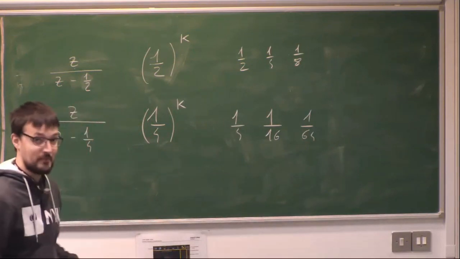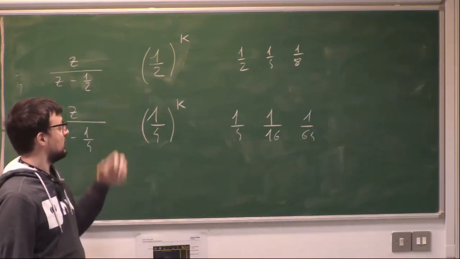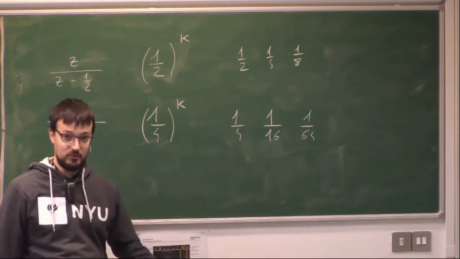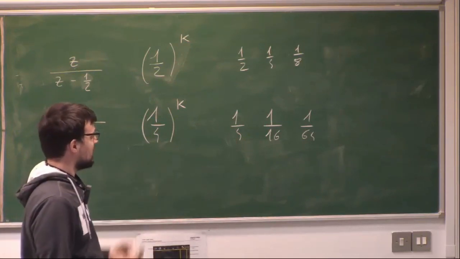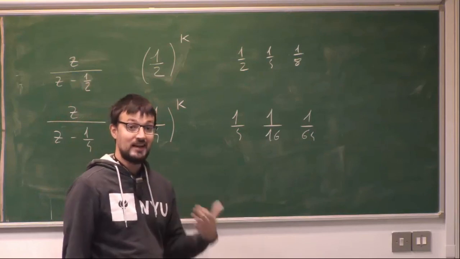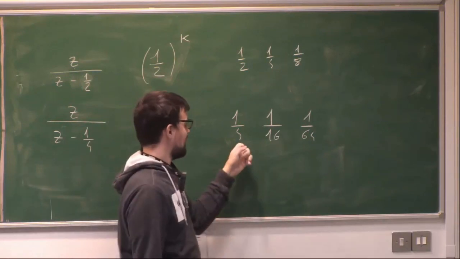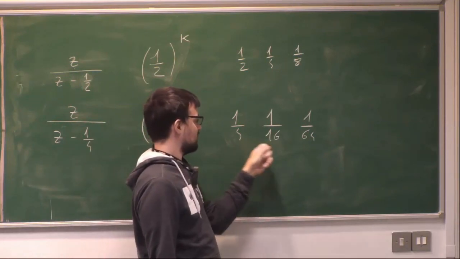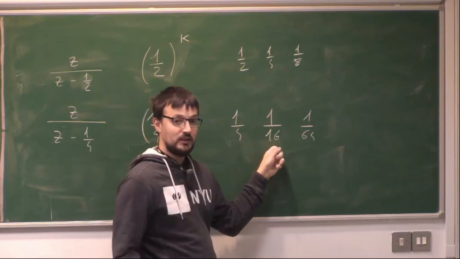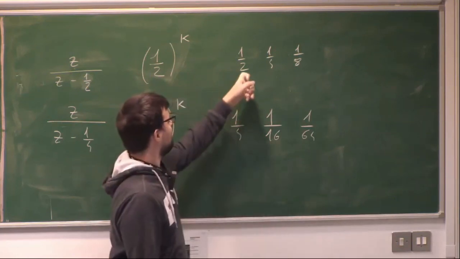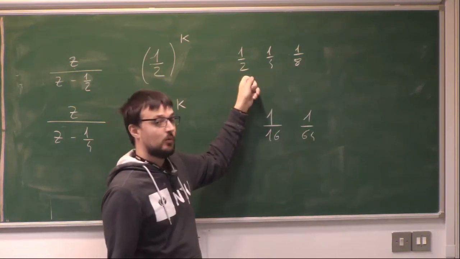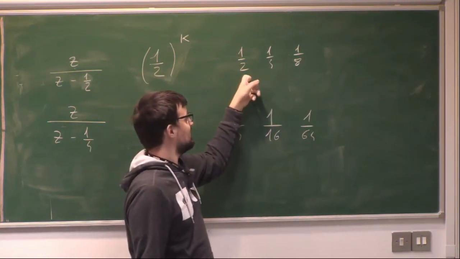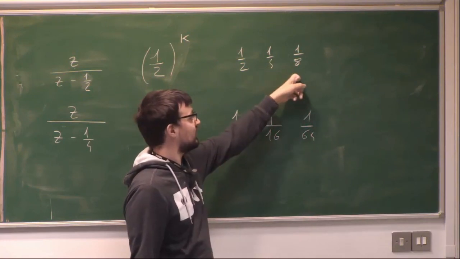However, we have to remember that these sequences are the result of a sampling operation. And also the sampling time plays a role. Because if we sample every 10 seconds, it means that going from 1/4 to 1/16, we need 10 seconds. If this sampling instead happens every 0.1 seconds, it means that in 0.1 second we go here, and then so on.